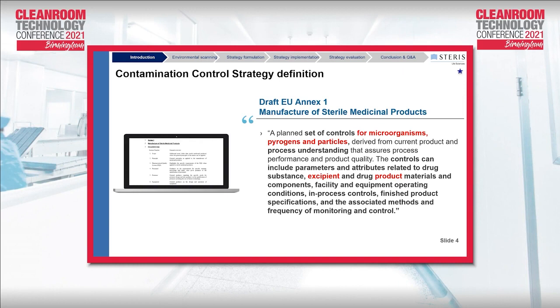But also, when we had a discussion at a conference with the French inspector who is now leading the draft Annex 1, he also highlighted that the packaging material, at least primary packaging material, should also be included in those sets of controls. Of course, for microorganisms, pyrogen, and particles.